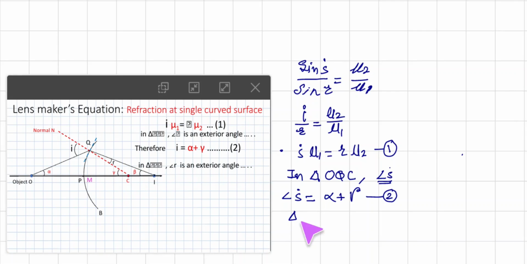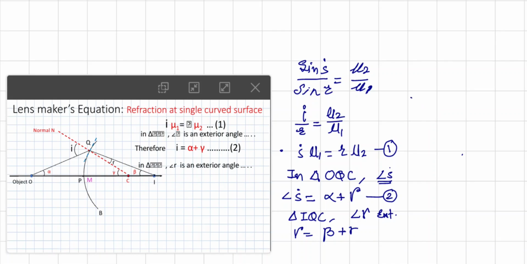So angle gamma is an external angle. Now we have to find out the value of R. So here we can say that gamma is nothing but the addition of beta and R, beta plus R.